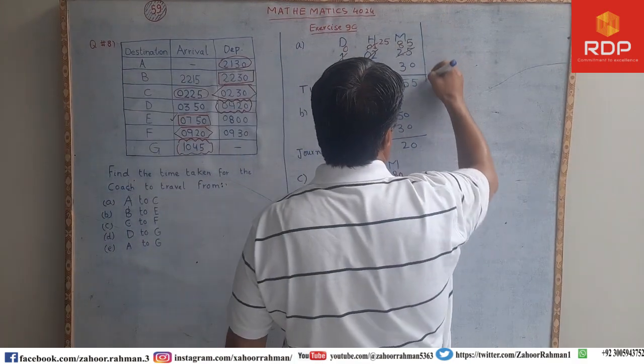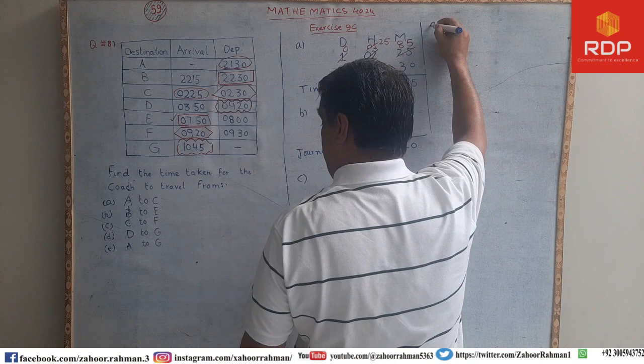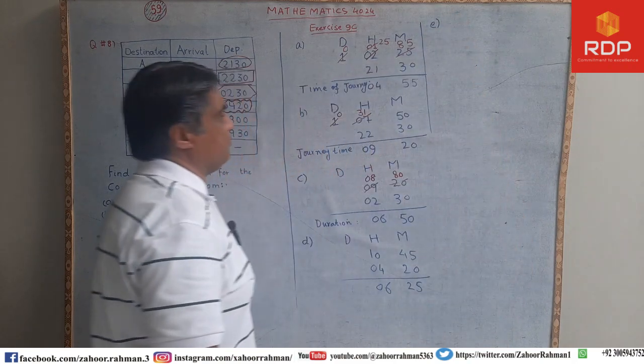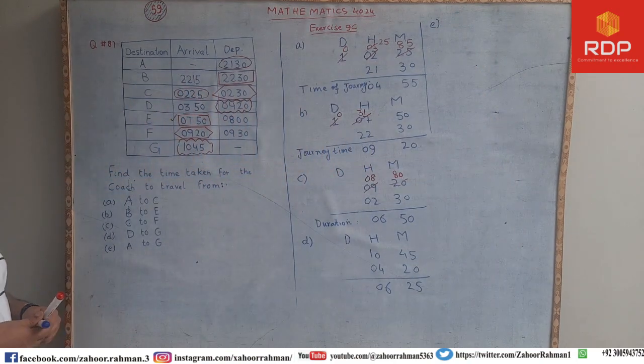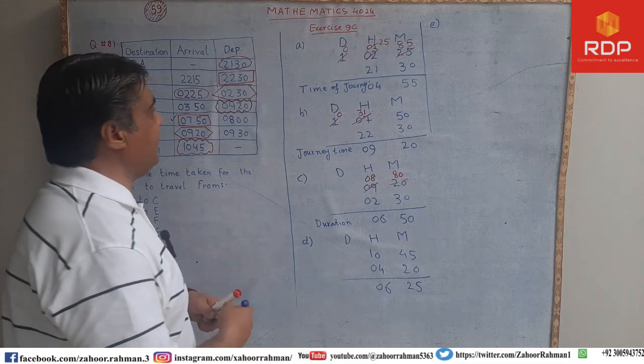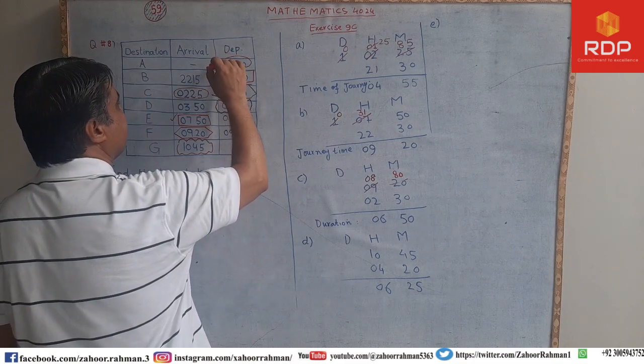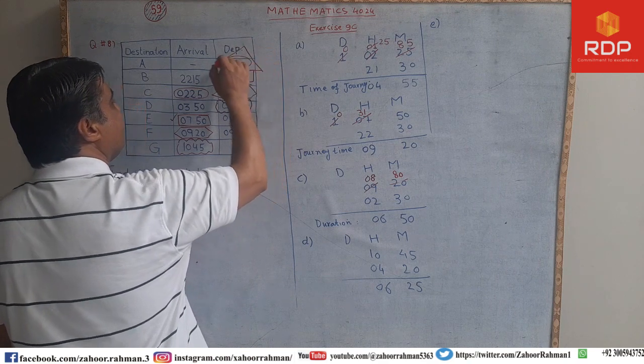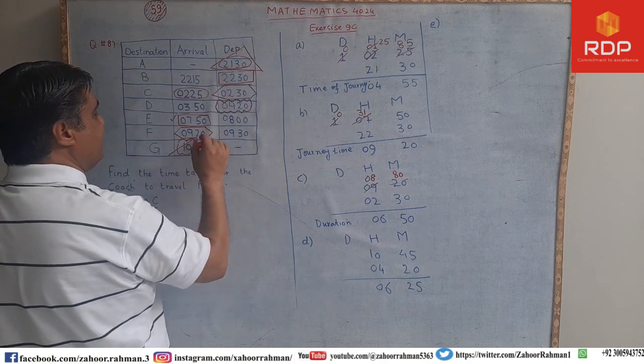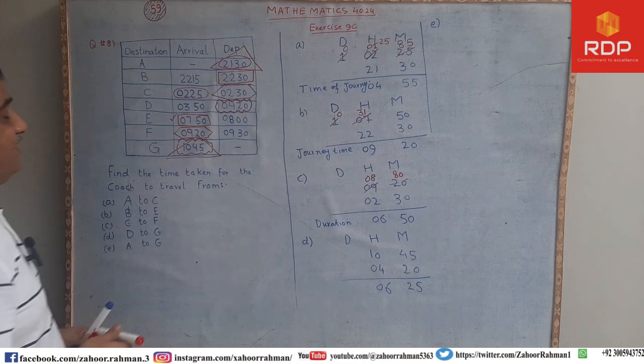Now we are going to do part number E, which will conclude the concept of time calculation, which is very important for the next topic in speed. Speed is equal to distance per unit time from A to G. Now A is this one and G is this one.